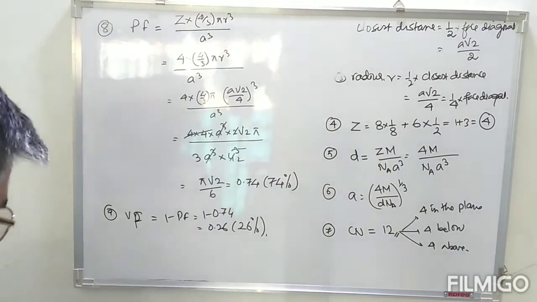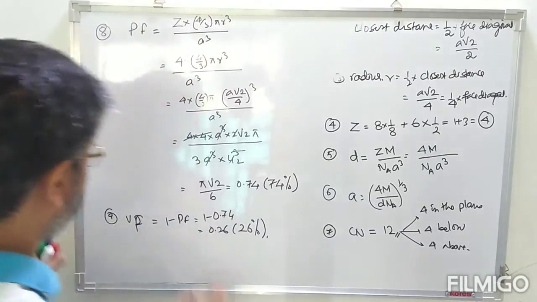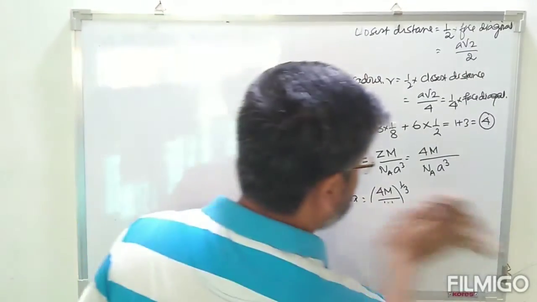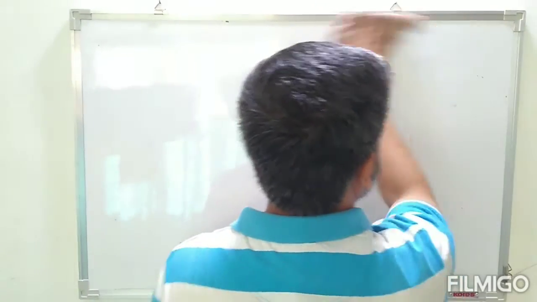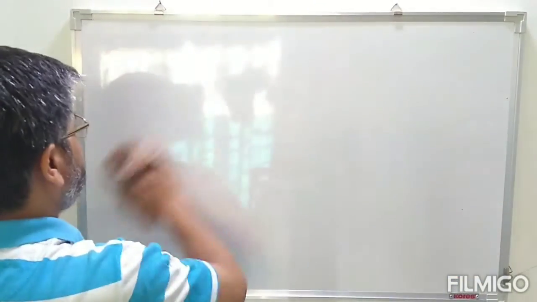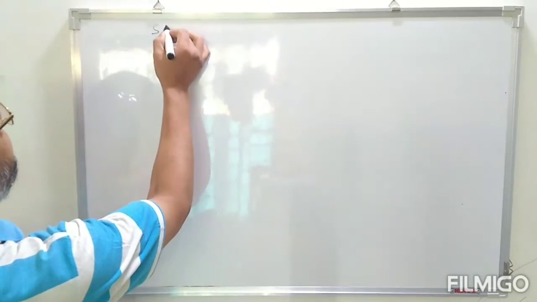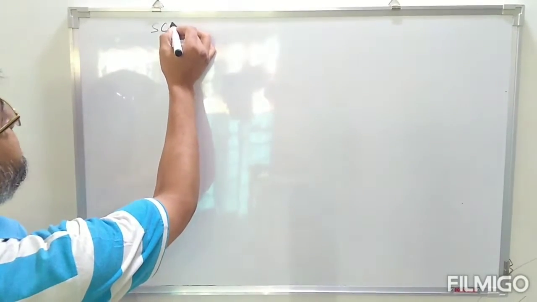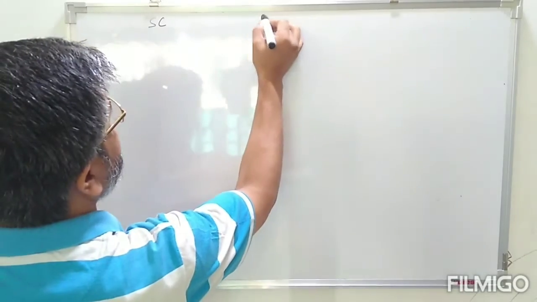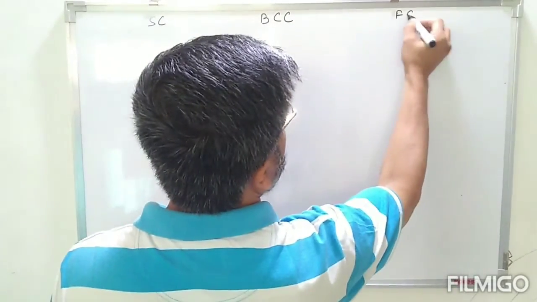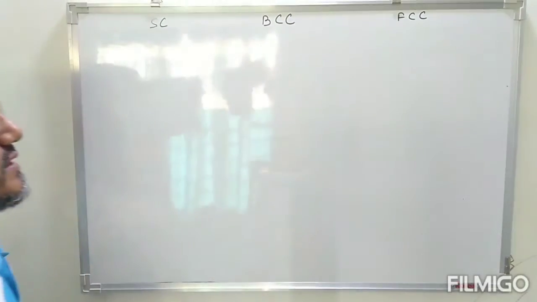So combining all this, let's give it in a tabular form. We have the simple cubic unit cell, the body-centered cubic unit cell, and the face-centered cubic unit cell.